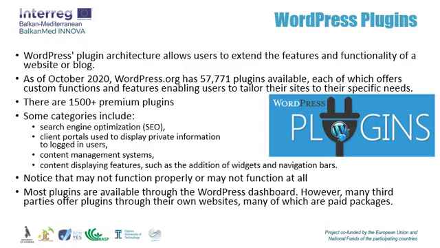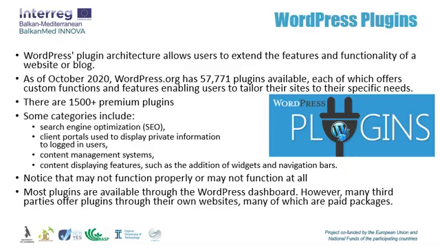However, this does not include the premium plugins that are available, more than 1,500, which may not be listed in the WordPress.org repository. These customizations range from search engine optimization, SEO, to client portals used to display private information to logged-in users, to content management systems, to content displaying features, such as the addition of widgets and navigation bars.